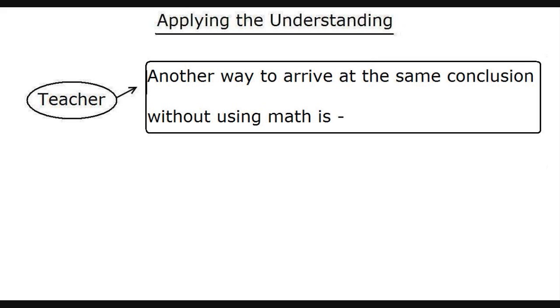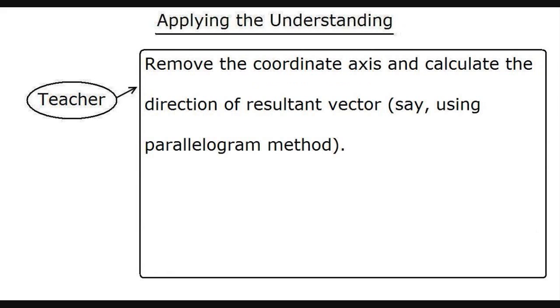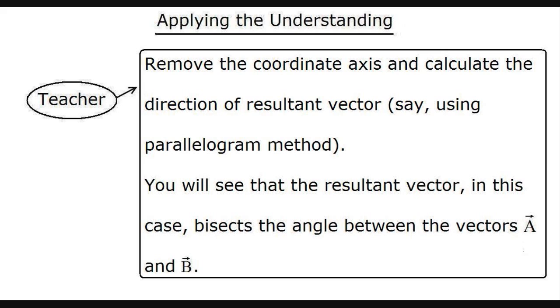Another way to arrive at the same conclusion, without using math, is to remove the coordinate axis and calculate the direction of resultant vector, say, using parallelogram method. You will see that the resultant vector, in this case, bisects the angle between the vectors a bar and b bar.